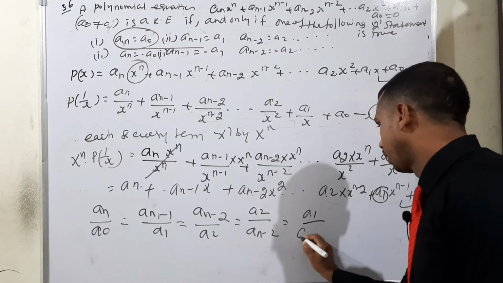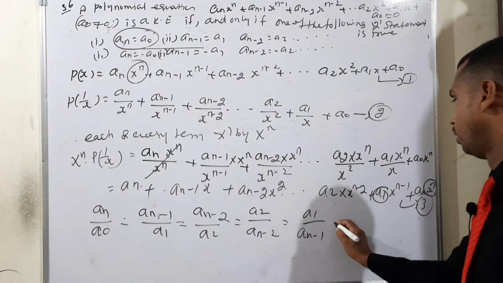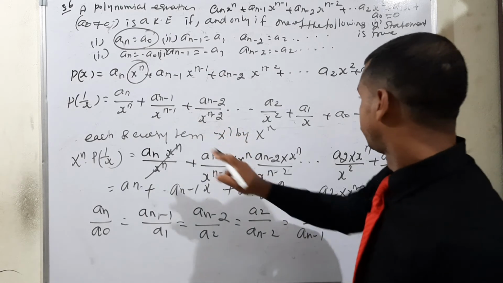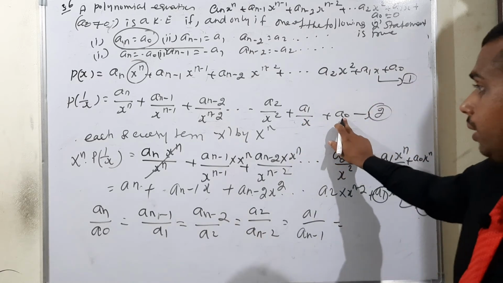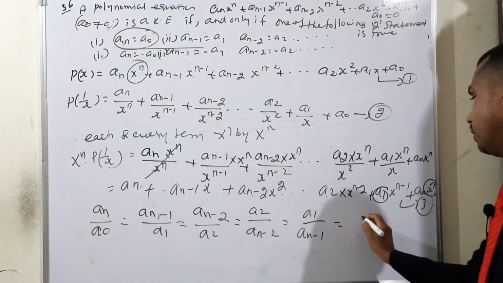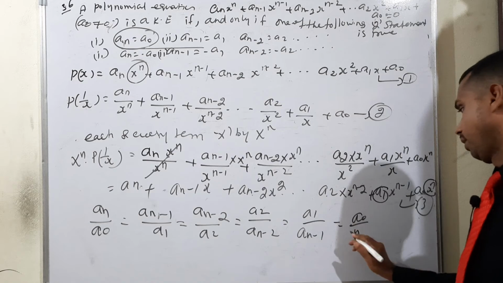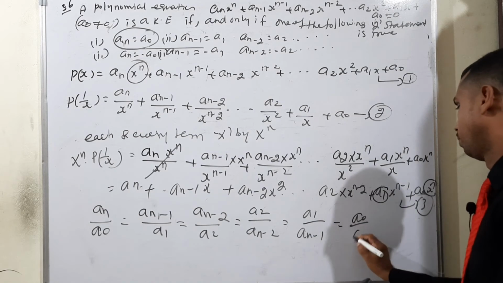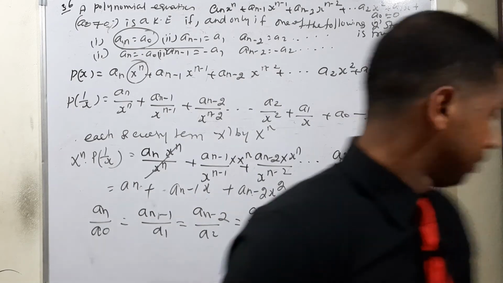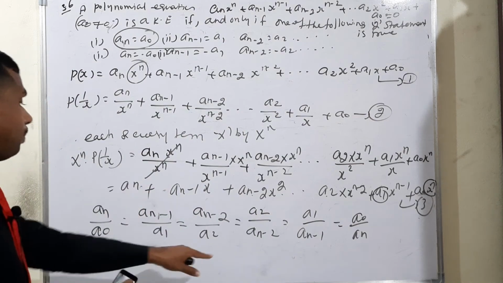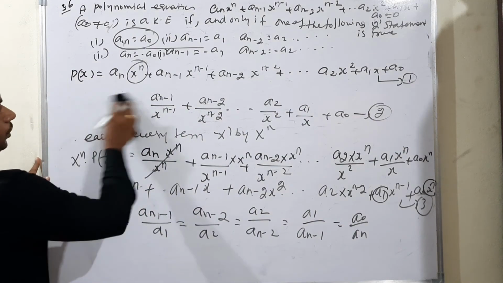So, a1 divided by an minus 1 is equal to last condition. So, here a naught by an is there, a naught by an.